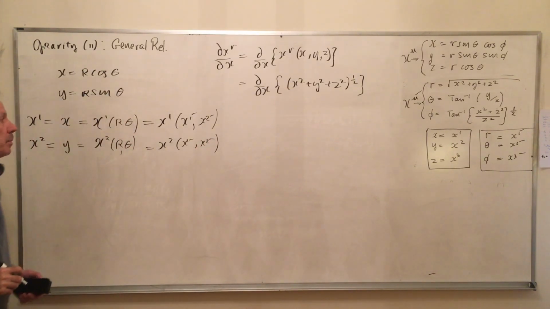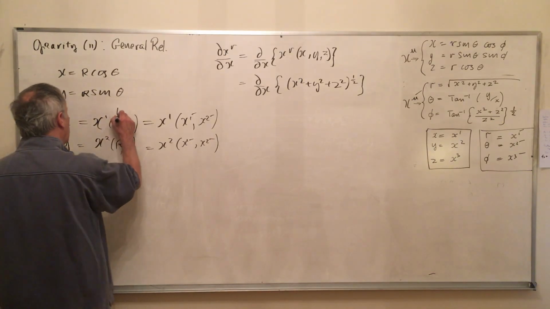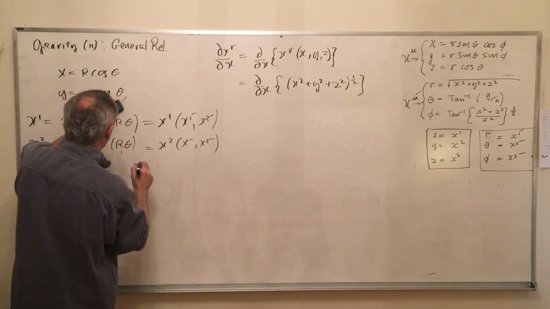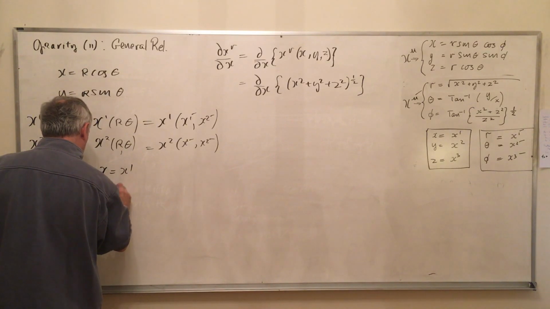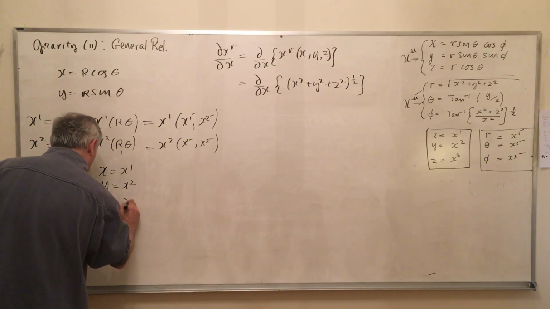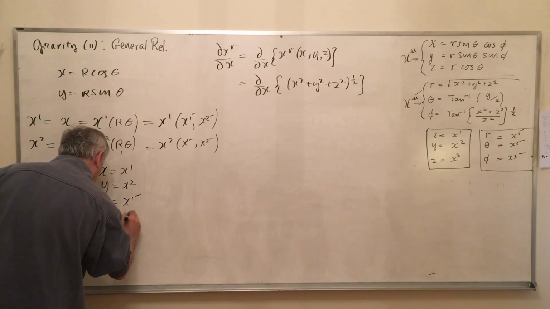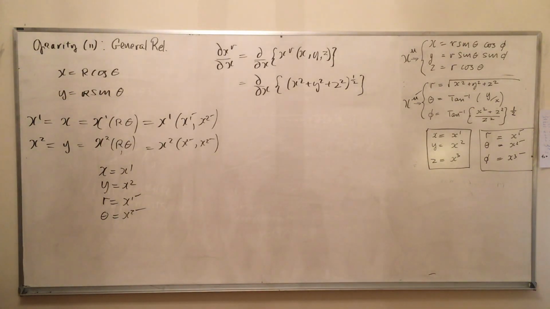In other words, we'll label the Cartesians as x1 and x2, and the polars we'll label as x1 as well and x2, but with a dash. Specifically, it's like this. And this is going to allow us to make our notation much more compact.